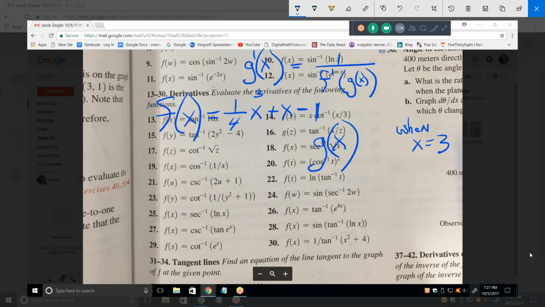Well, here's the thing. We know g is the inverse of f, correct? So when x is 2, f of x is 3. In other words, f of 2 equals 3.